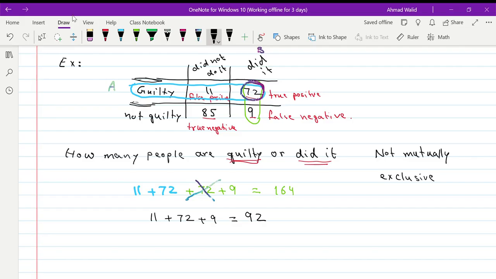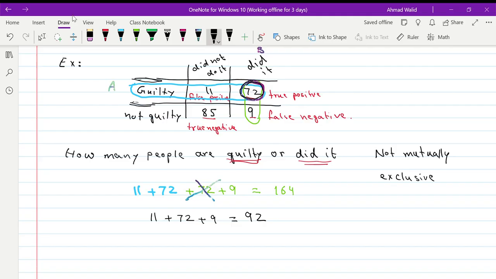Not mutually exclusive means they cannot happen at the same time in one trial. But here you see it's happening in the same trial. This 72 tells us that it's not mutually exclusive.